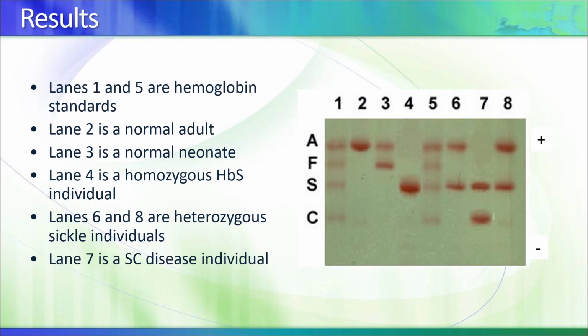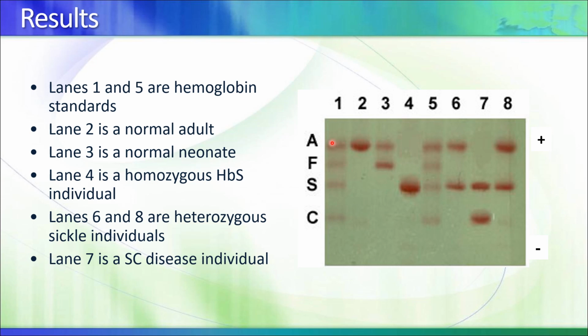Let's look at an example of an electrophoresis result. So basically what you have in here is different samples. In lane number one, we have a standard, same thing with number 5, meaning that it's a sample that contains all forms of hemoglobin. So you have HbA, HbF, HbS, and HbC.